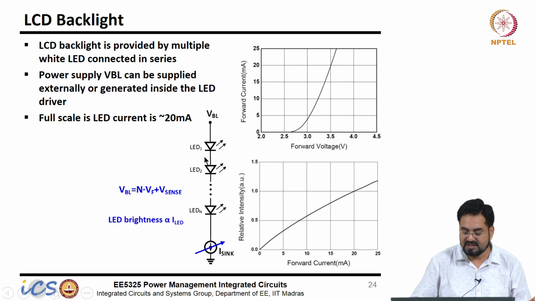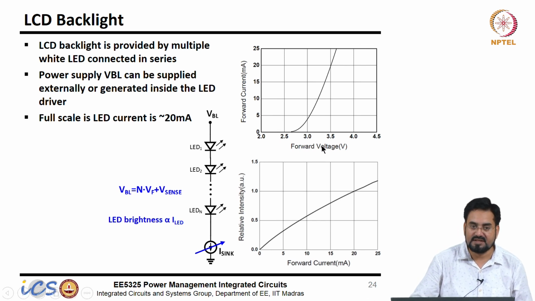These LEDs require constant current, because this current has an exponential behavior with respect to forward voltage. So, if we are regulating the voltage, even a small change in the voltage may cause a drastic change in the current.